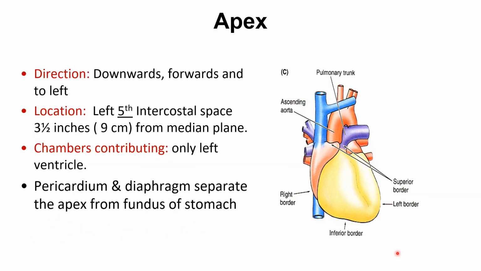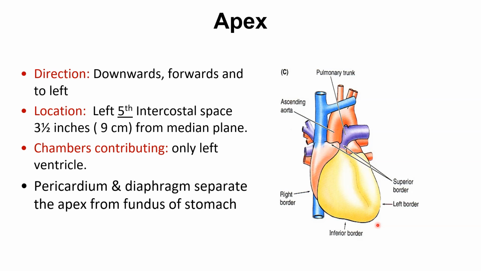Coming to the apex of the heart, it is directed downwards, forwards and to the left. This is the apex of the heart. It is located in the left 5th intercostal space, about 9 centimeters or 3.5 inches from the median plane.